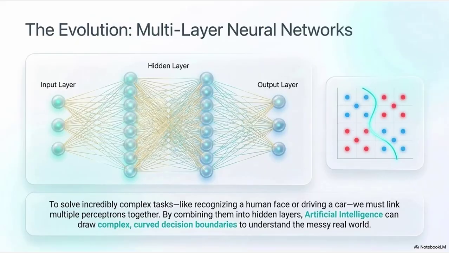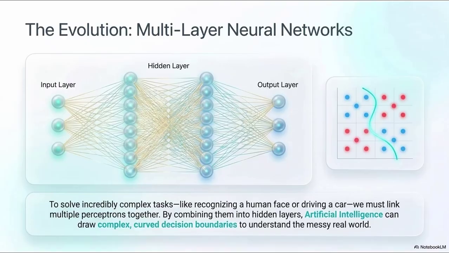So, the evolution of the multi-layer neural network. We have already seen the neural network has 3 parts: input layer, hidden layer and output layer, where the input layer has features and the output layer gives you the labeled output. In between we have hidden layers, and we can link multiple perceptrons together.